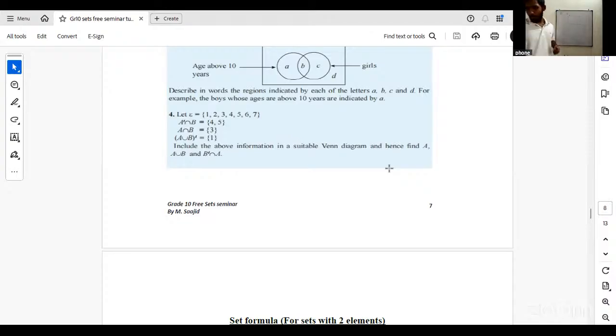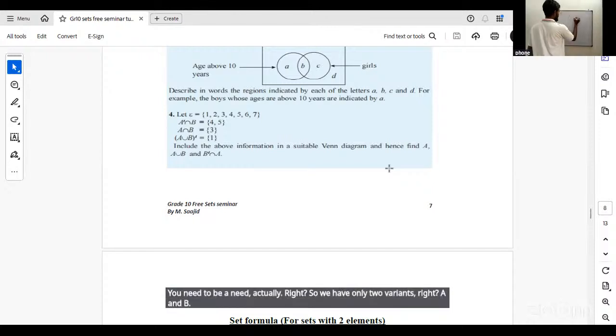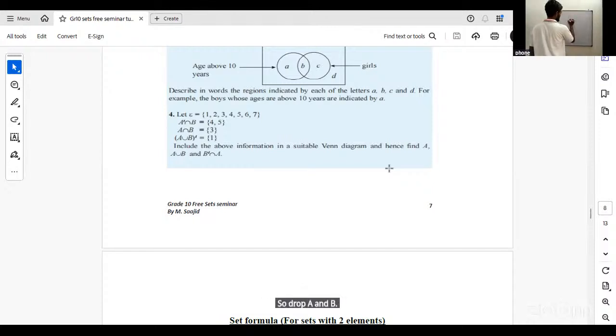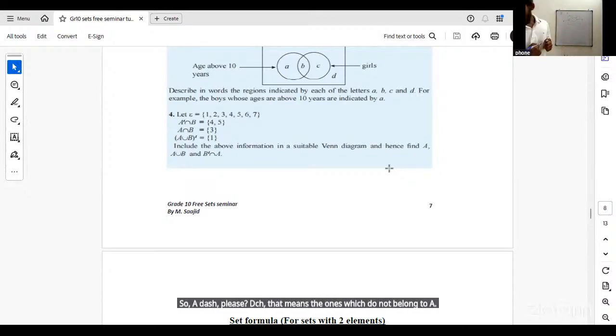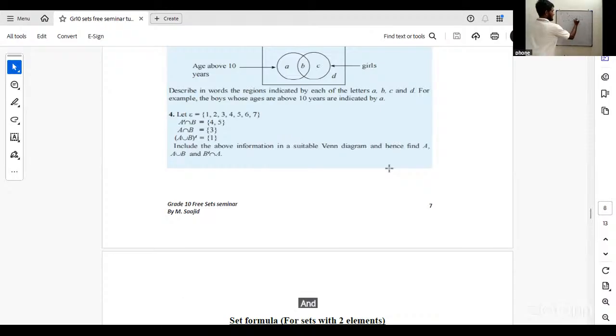Right. So we have only two sets, A and B. So draw A and B. Then they say A dash intersecting B. So A dash means the ones which do not belong to A. And B is this.